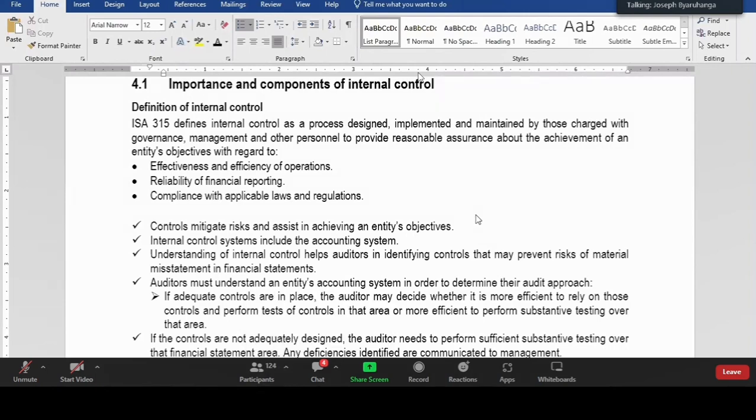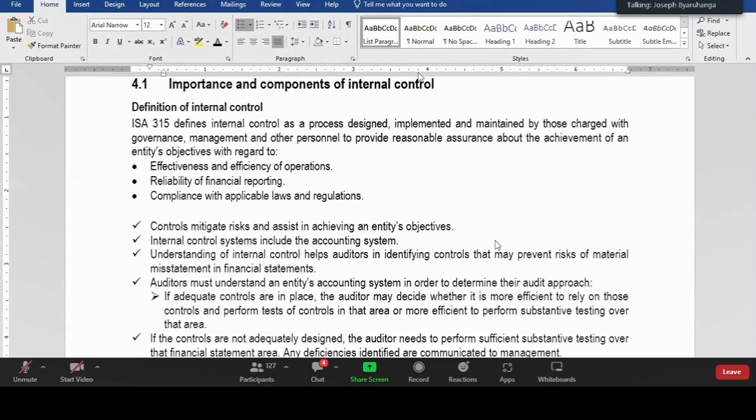In other words, we perform the tests of controls if they are good controls to test. Otherwise, if there are no good controls, we perform more substantive procedures. Of course, we have to look at controls affecting various financial statement areas. For example, we shall look at controls affecting sales, controls regarding purchases, etc.